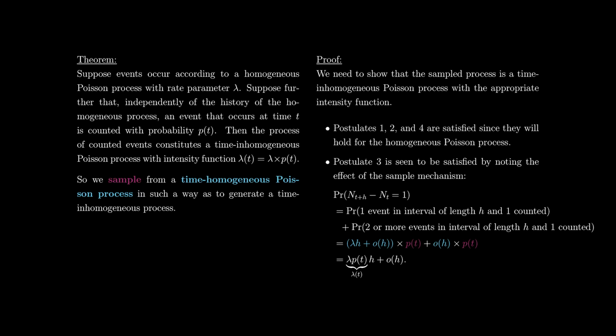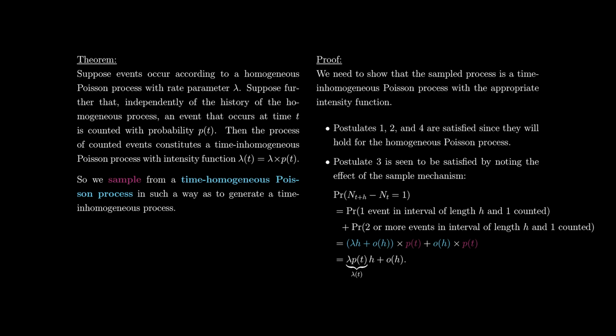Then the process of counted events constitutes a time-inhomogeneous Poisson process with intensity function lambda(t), which is just equal to lambda times p(t).